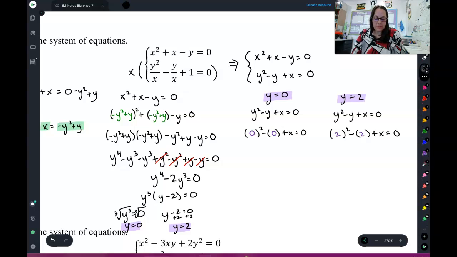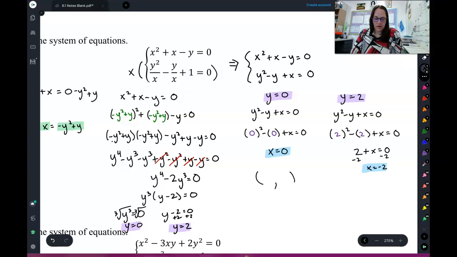So 0 minus 0 is just 0. I get x equals 0. This is 2 squared, which is 4 minus 2 is 2. So I get x equals negative 2. So those are my x values.